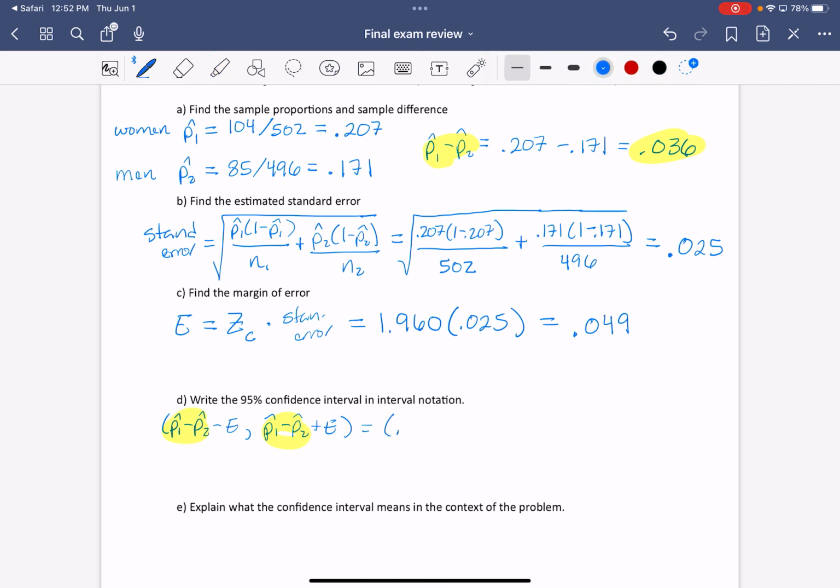So we have 0.036 minus E and then plus E. So we minus the 0.049, comma, 0.036 plus 0.049. Simplifying each of those results in negative 0.013, comma, 0.085.